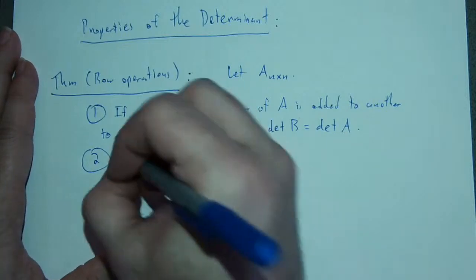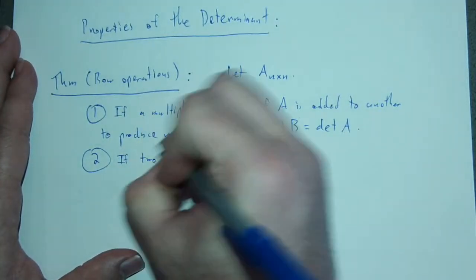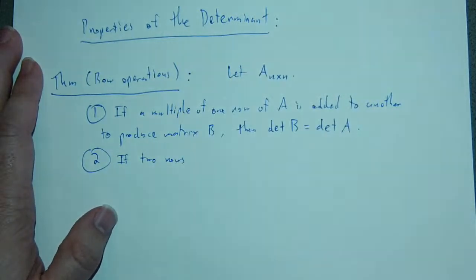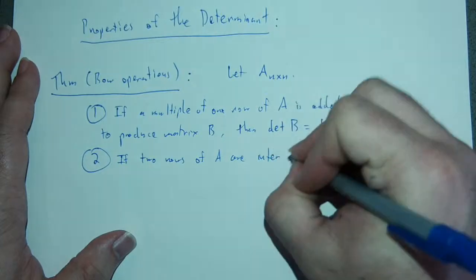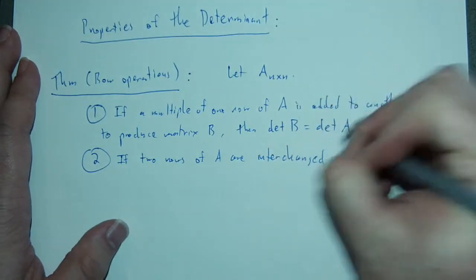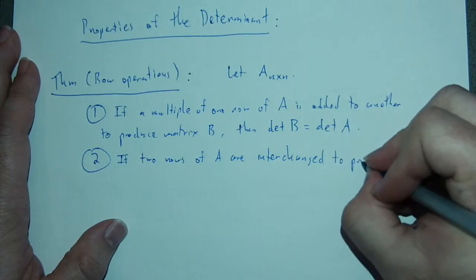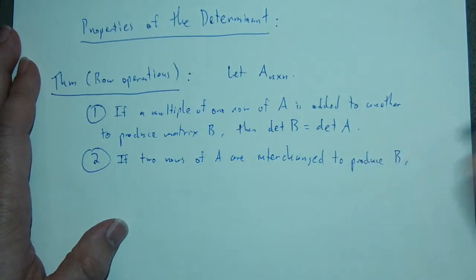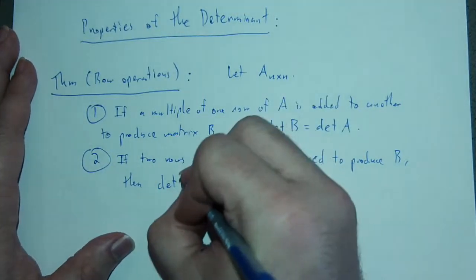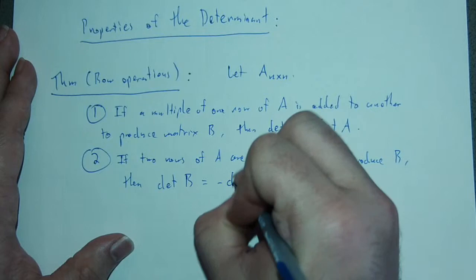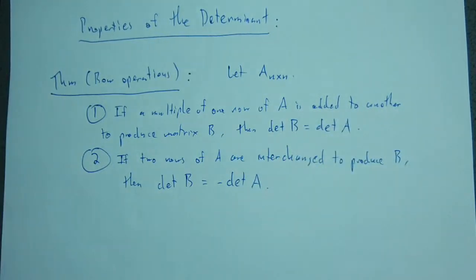Okay. Secondly, if two rows of A are interchanged or swapped to produce B, then the determinant of B is equal to minus the determinant of A. So this, of course, says that row swapping flips the sign of the determinant.